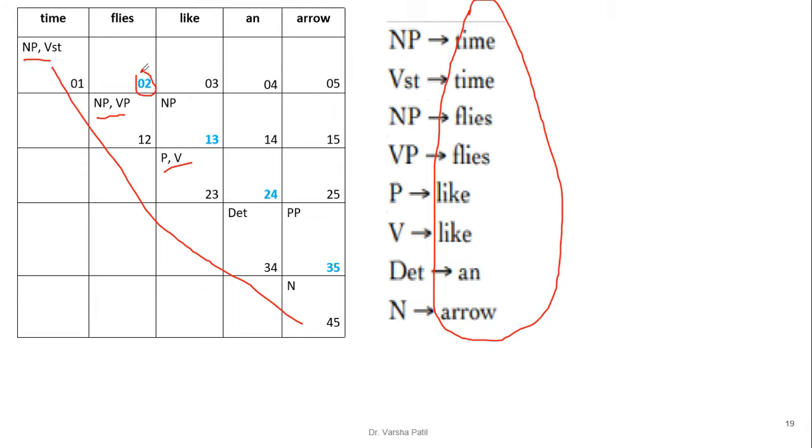Next we will calculate 0 2, 1 3, 2 4, 3 5, and every time we need to divide this into two subparts. So 0 1 and 1 2, 1 2 and 2 3, 2 3 and 3 4, 3 4 and 4 5.